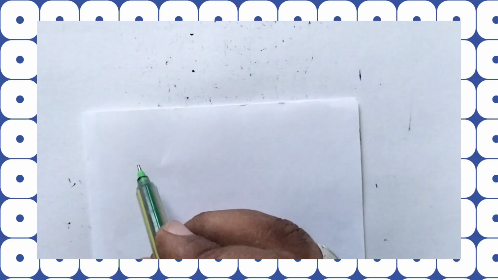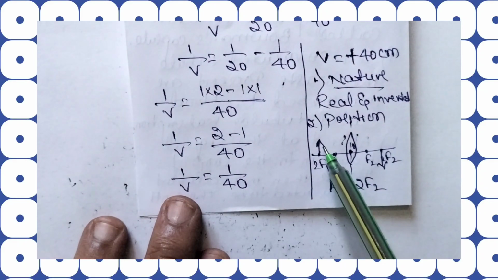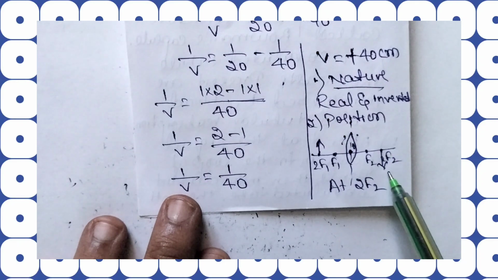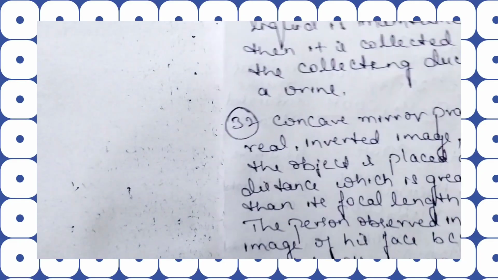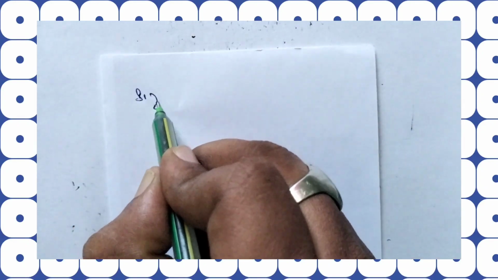Okay, that one also over. Now we have to write the size of the image. We can calculate the size of the image here itself. When object is at 2f1, image is formed at 2f2, then the size of the image and size of the object is same. So now let us talk about size.